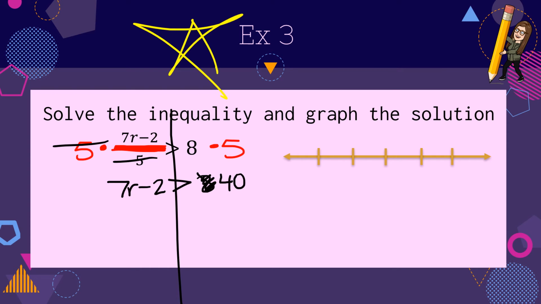Now we can solve it following our typical rules. Instead of -2, let's add 2. And instead of times 7, let's divide 7.